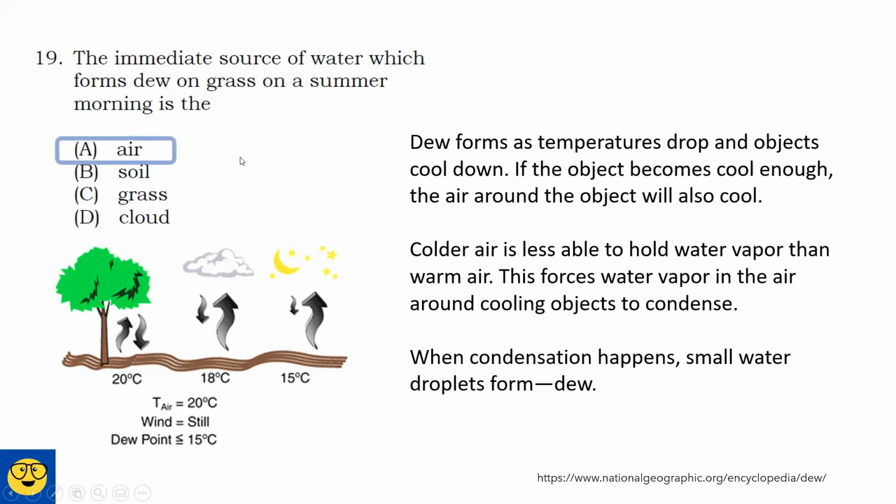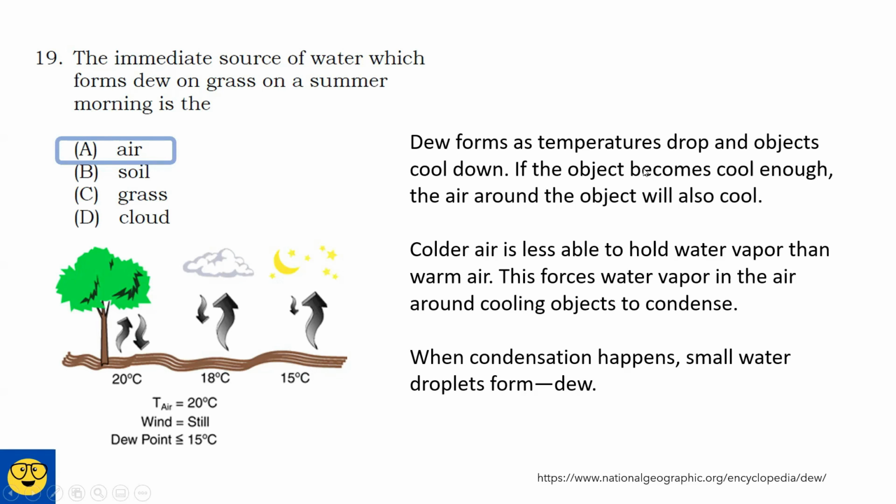Yan, so paano nga ba na form yung dew? Dew forms as temperatures drop and objects cool down. So dito, as you can see here, sa daytime, yung temperature sa lupa is 18 degrees Celsius, which is higher compared kapag gabi na. So mas malamig yung air and yung surface kapag gabi na.